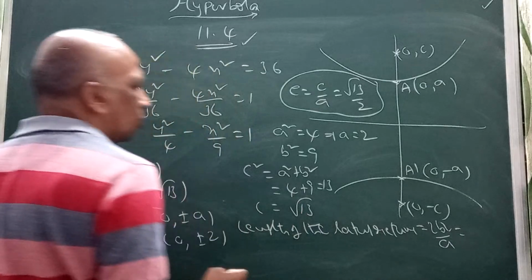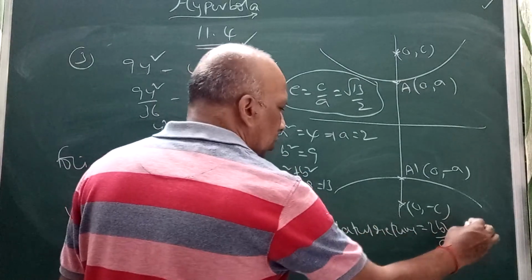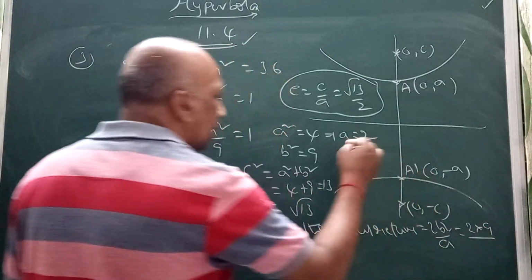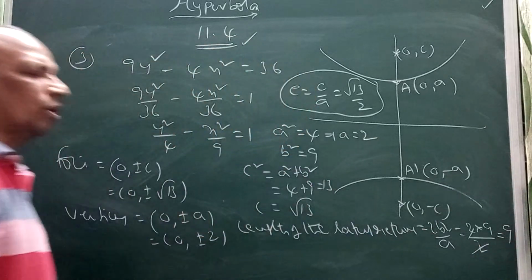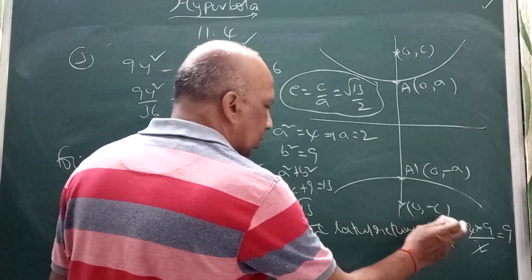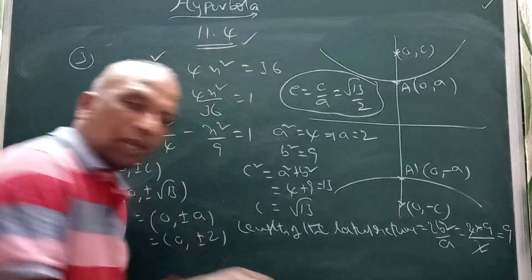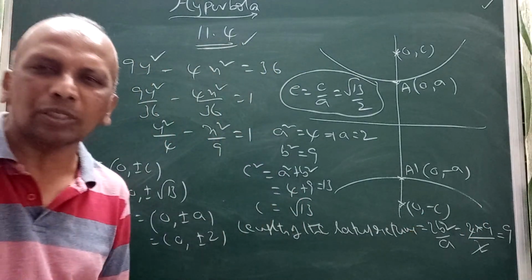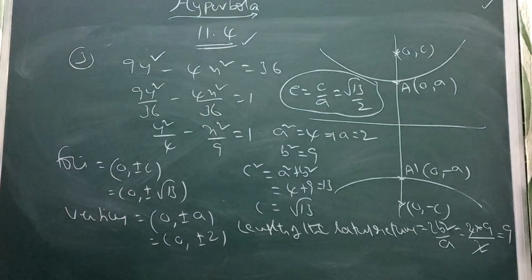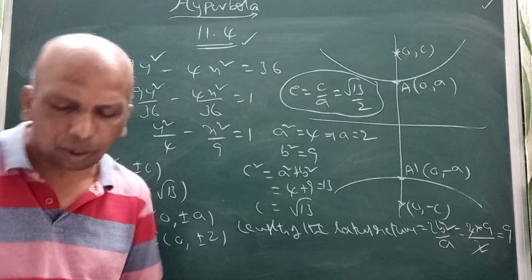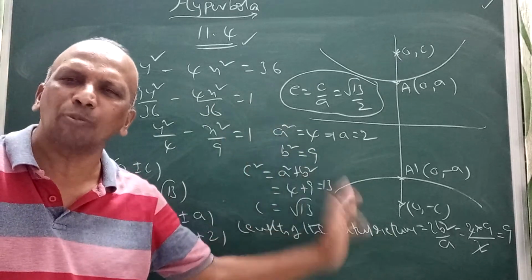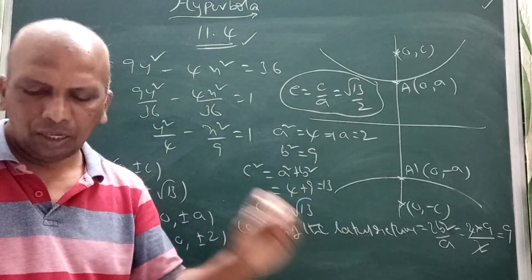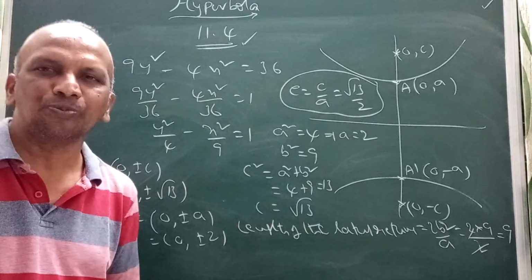So 2 into b square, 9, 2 into 9 by a, and a is 2. It comes to 9 only. In the case of ellipse, also the same formula, and hyperbola also the same formula, 2b square by a. So the answer is 9. Similarly, you can do problems 4, 5, 6: write the standard form and do the same procedure as I have done for 1, 2, 3.